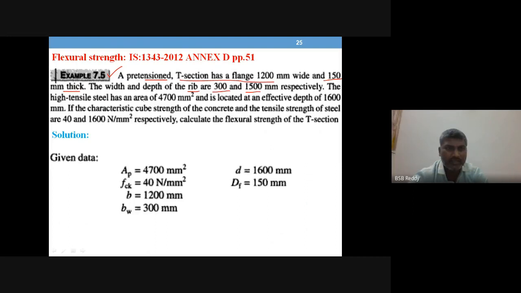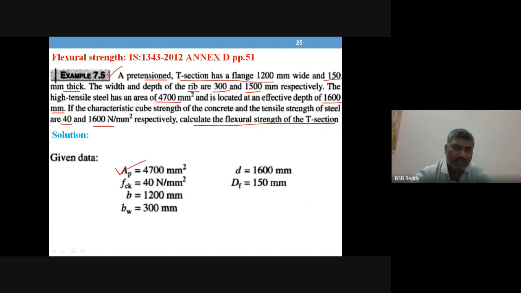The high tensile steel has area AP of 4700 square mm, located at an effective depth of 1600. If the characteristic cube strength FCK is 40 and steel FPU is 1600 according to the IS code, calculate the flexural strength of the section.